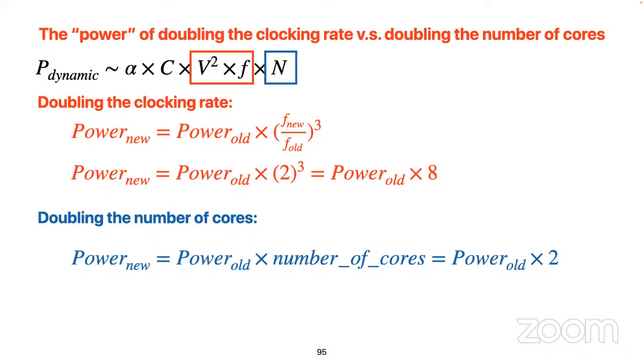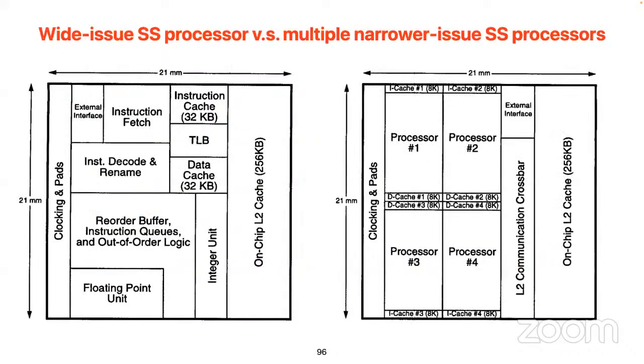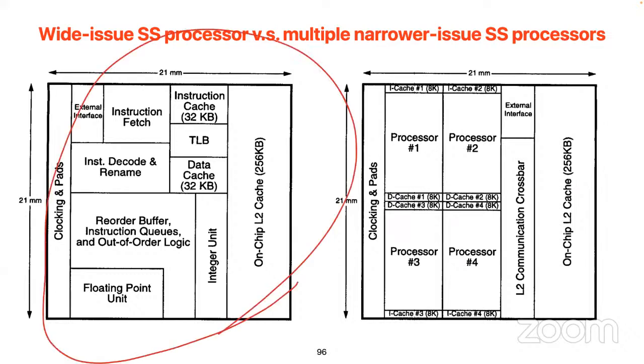However, if you just double the number of cores, it's just getting more transistors within the chip, so your power consumption only gets doubled. An analogy: you can produce the left-hand side processor with high frequency and high power consumption, but you can only get a limited amount of instruction level parallelism from programs.